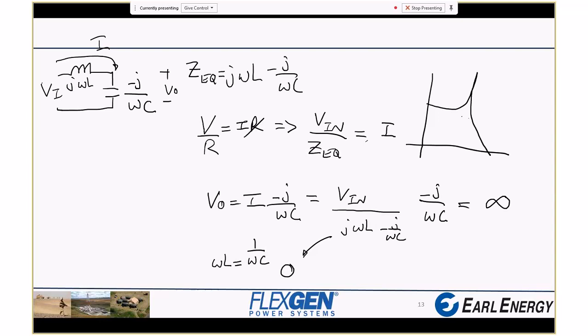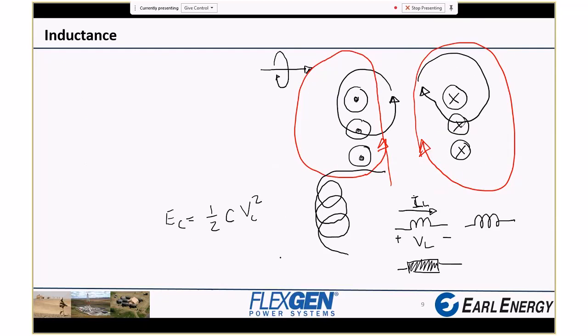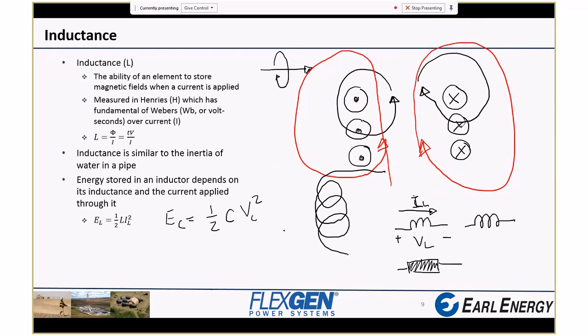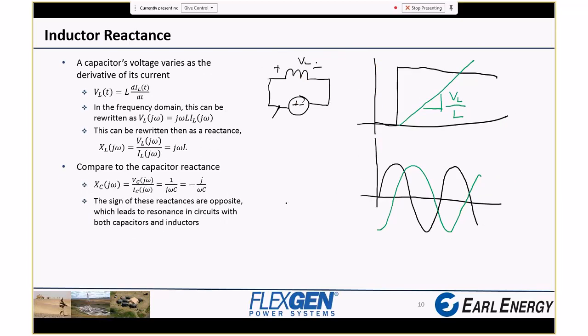I have a question, on the inductors. Also the frequency: what's the intuitive explanation of why at high frequencies inductor impedance goes to infinity?